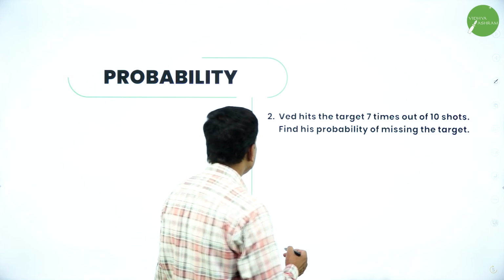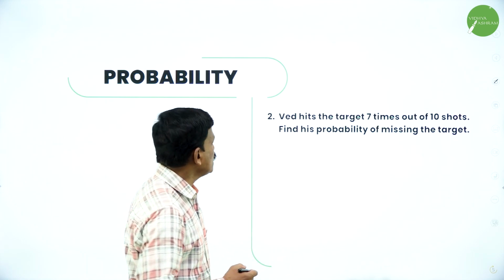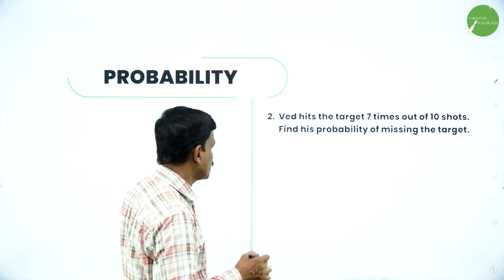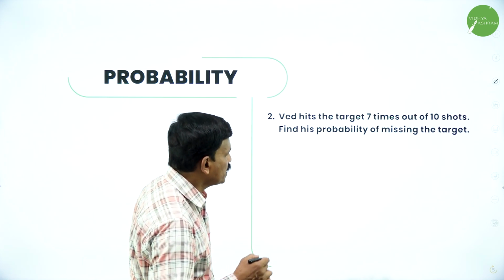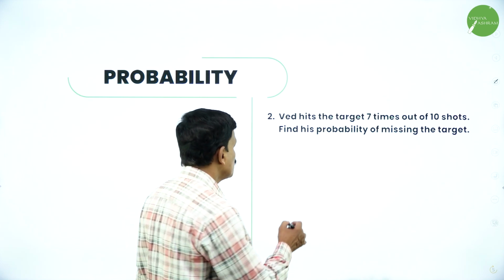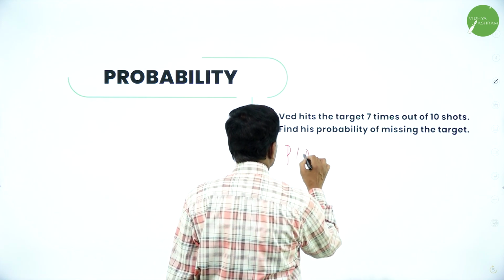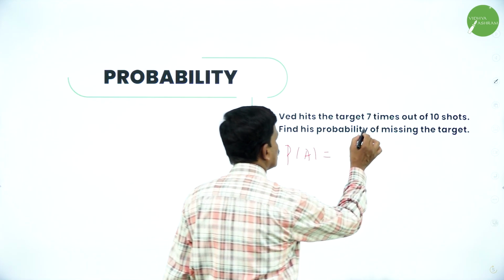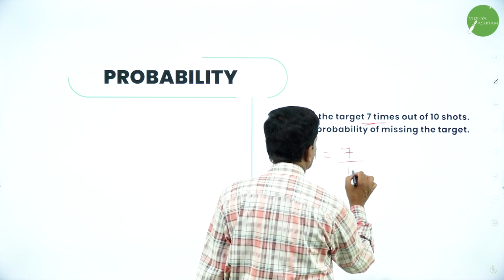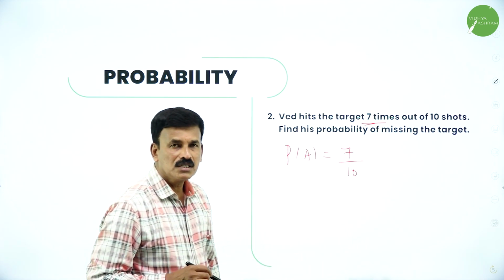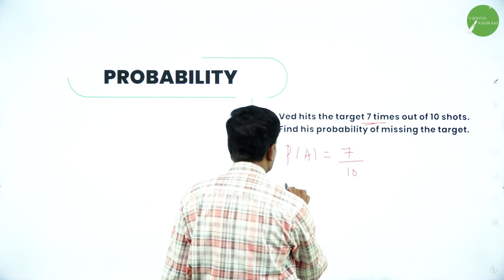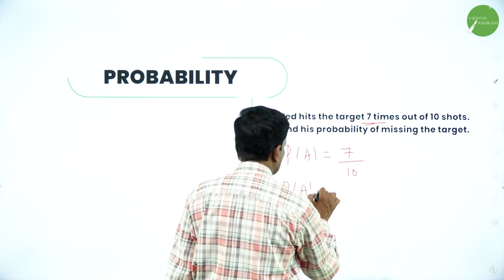Ved hits the target 7 times out of 10 shots. Find the probability of missing the target. Suppose the probability of A, here what is the probability? Ved hits the target 7 times out of 10, so 7 by 10. So the probability of missing the target is P of A dash, that's all, the complement.